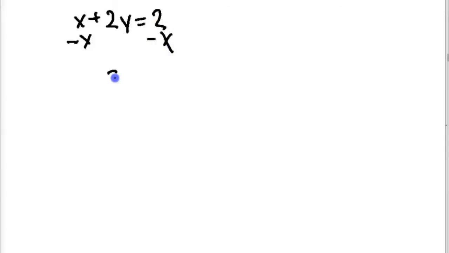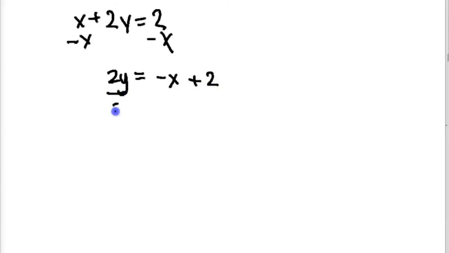So let's try another example. Let's say they give you a bit of a harder question. They give you x plus 2y equals 2. And this is a standard form, and they ask you for the slope. You're just going to convert that to the slope-intercept form again, but it might be a bit harder. So let's subtract x first. 2y equals negative x plus 2.